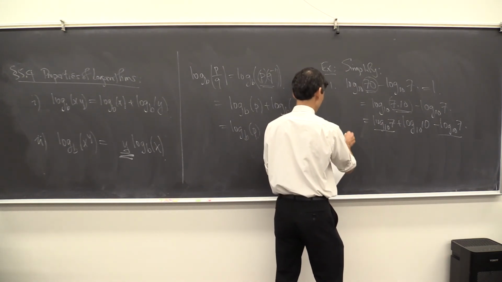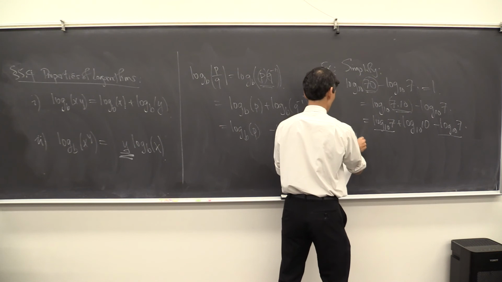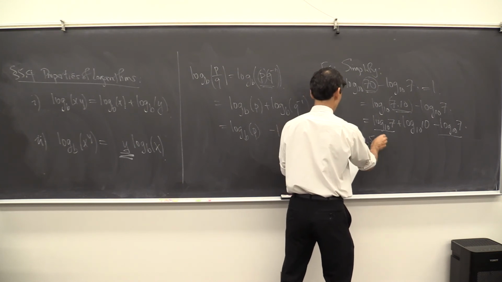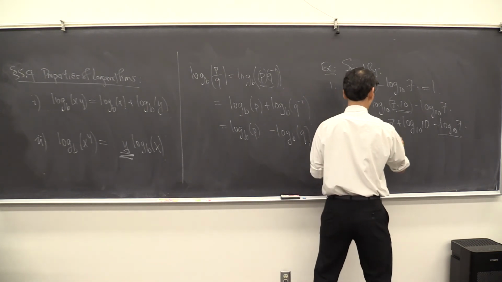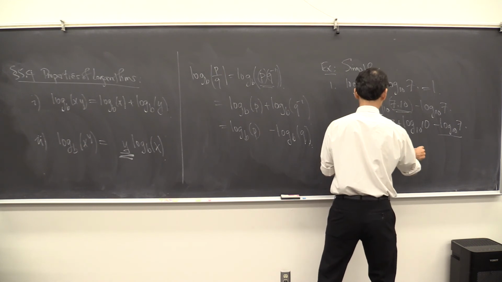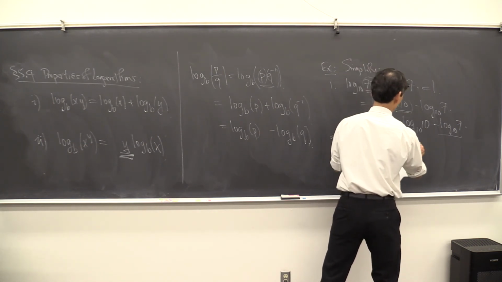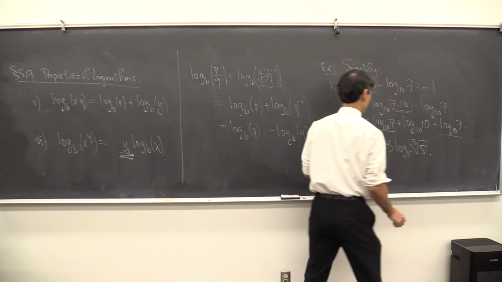Here's another one. 2 to the log base 2 of 5 minus 3 log base 5 of the third root of 5, the cube root of 5.